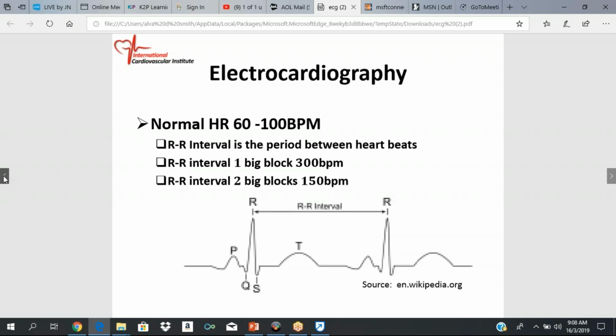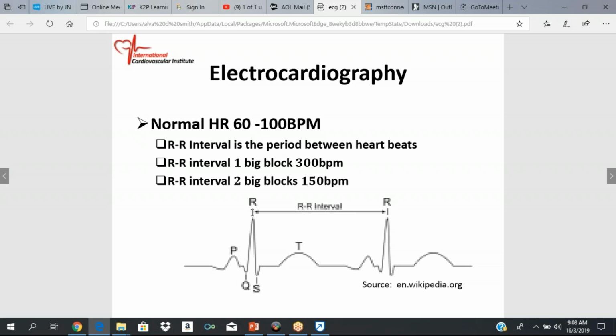Now, when you're doing heart rate, all you have to do is look at what we call the RR interval. The space from one R to the next R is what we call the RR interval. So all you have to do is look and see how many big blocks separate the RR interval.